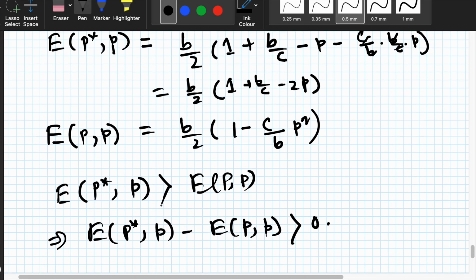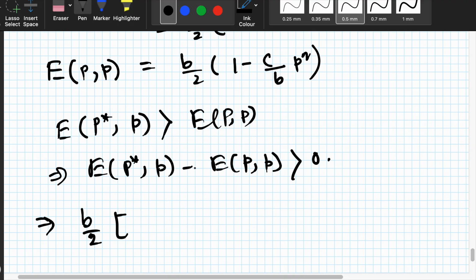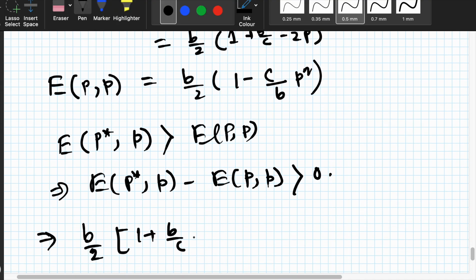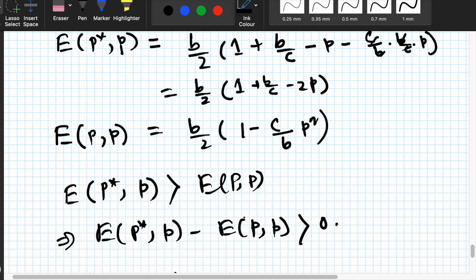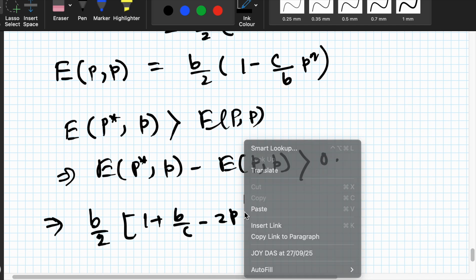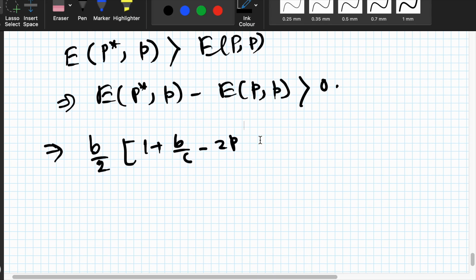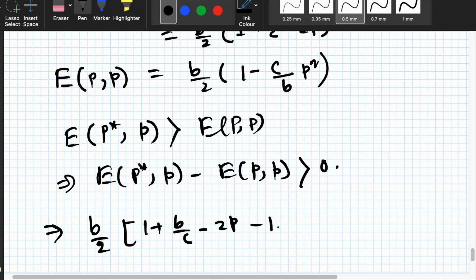First E(p star, p): since b is a positive number, take b by 2 common, so we get 1 plus b by c minus 2p, minus 2p, minus E(p, p), so minus 1 and plus c by b p square.